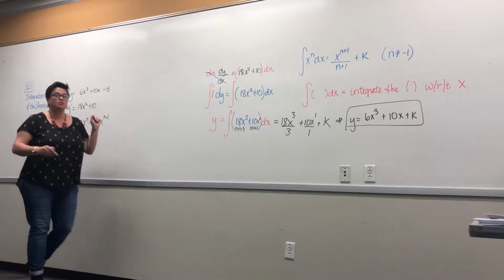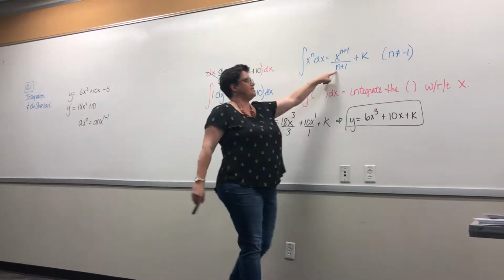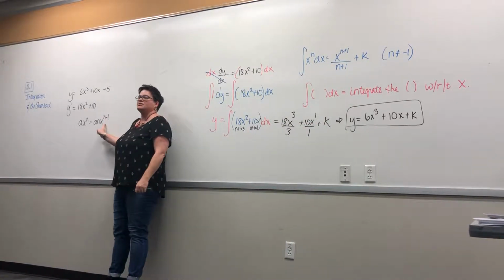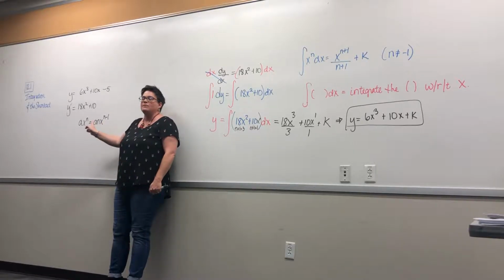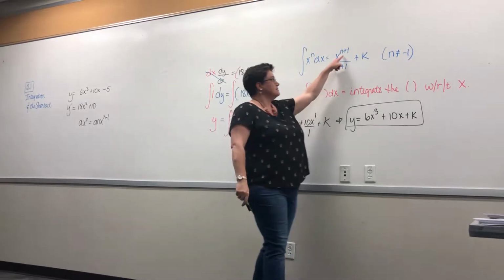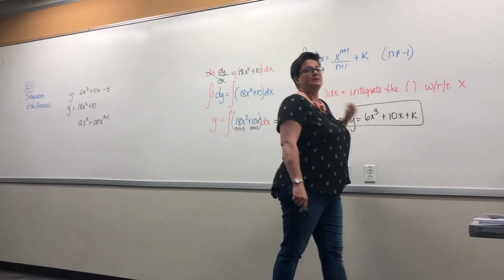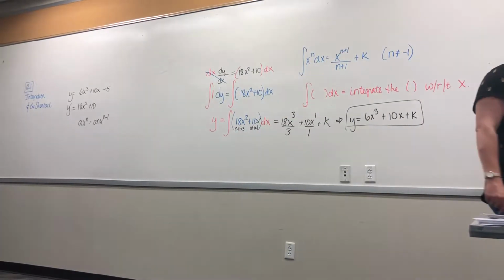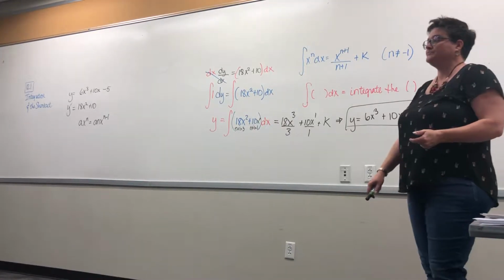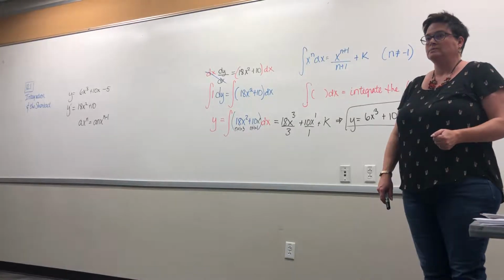How do we undo multiplication? Division, right here. We subtracted 1 from the exponent. How do we undo subtraction of 1? We add 1. That's what this stuff is. Division and addition instead of multiplication and subtraction. We are just undoing what we did. You guys cool with that? Yeah.